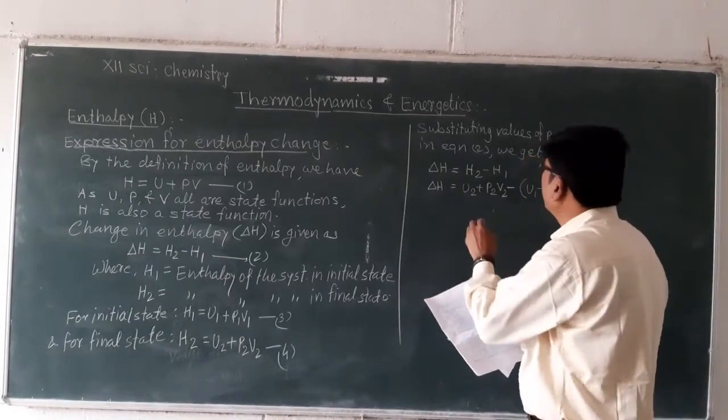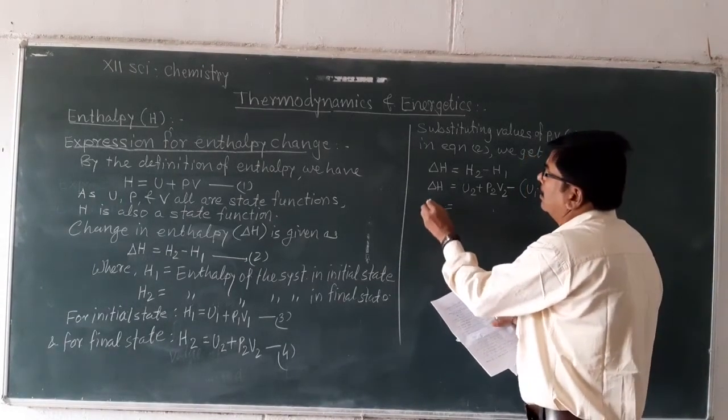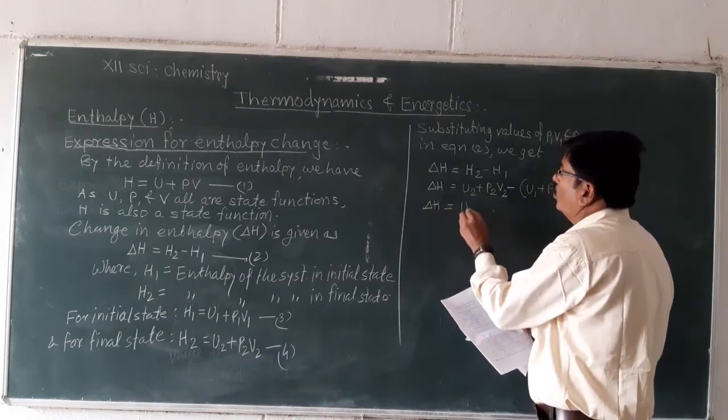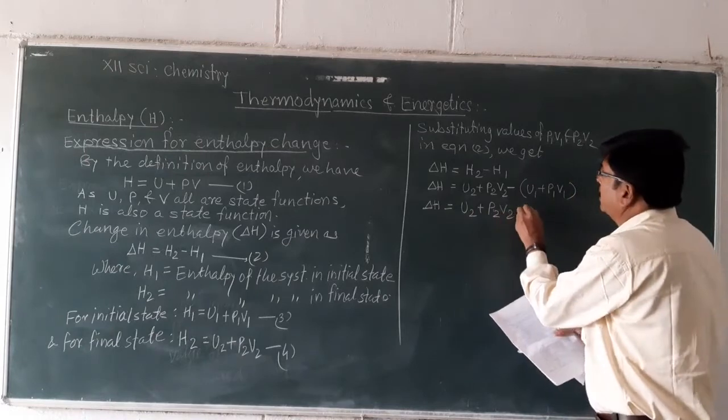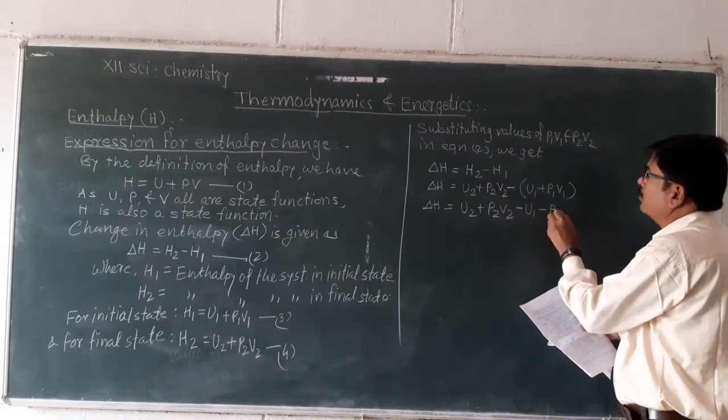Now you can modify this equation as delta H is equal to U2 plus P2V2 minus U1 minus P1V1.